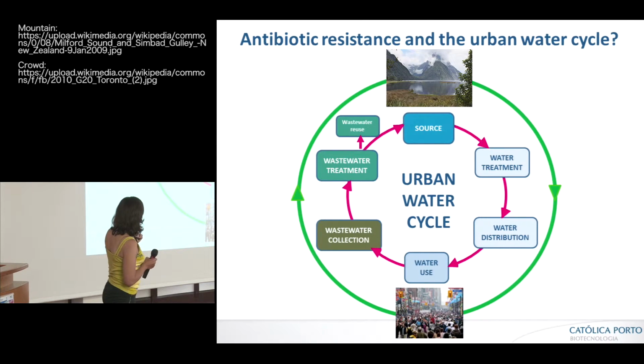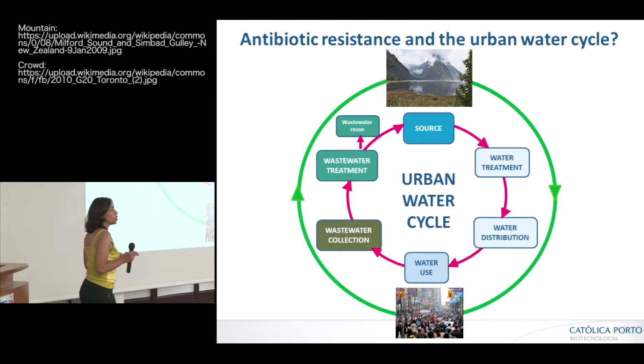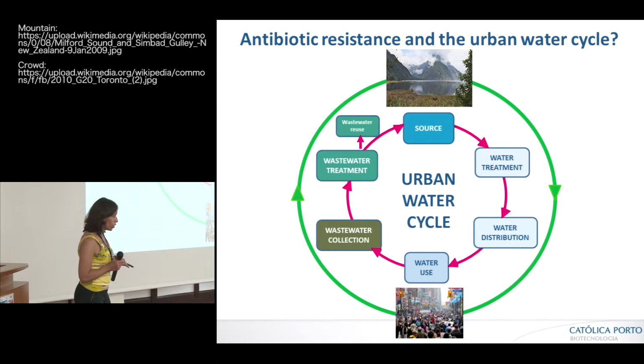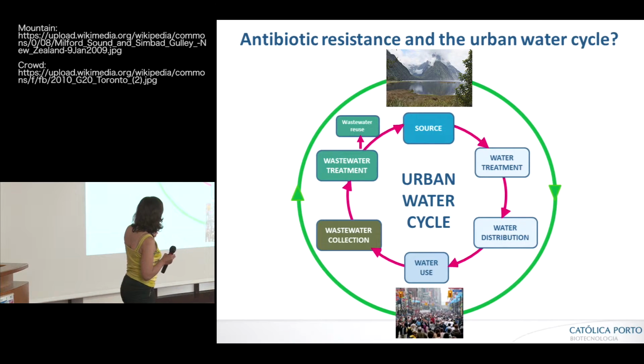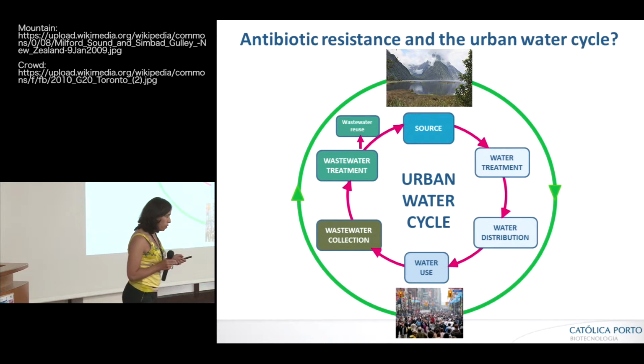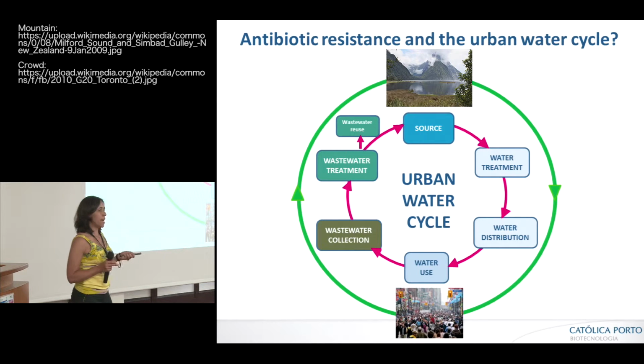When we do all this process, we hope that the water is clean enough to go back to the environment, and probably it is not always like that. On the other part of the water cycle, we have water that is abstracted from clean water sources, normally disinfected, and distributed for us to use. And in both parts of this cycle, we have evidence that contamination with antibiotic resistance can occur.